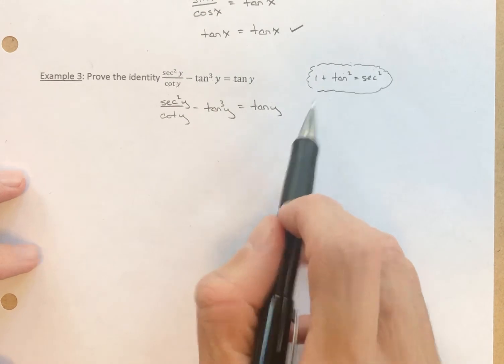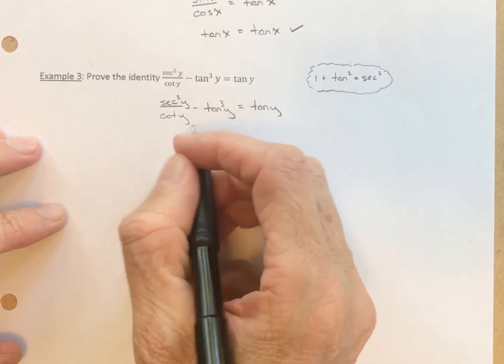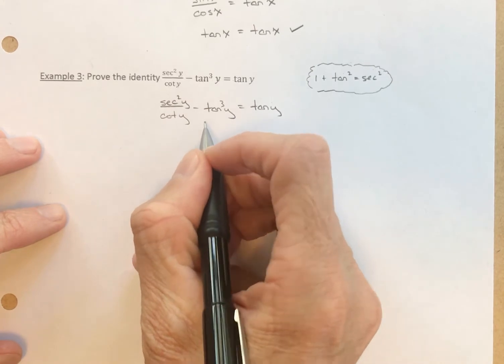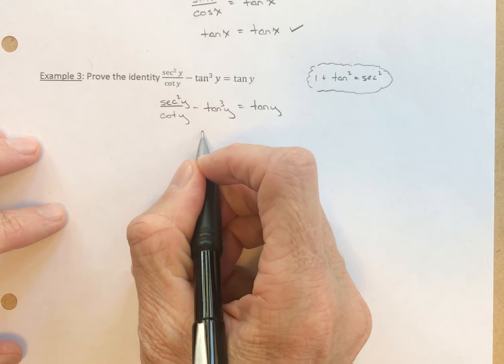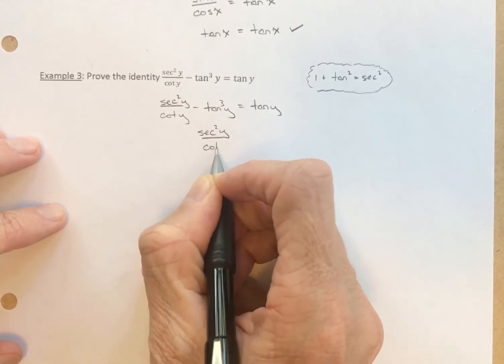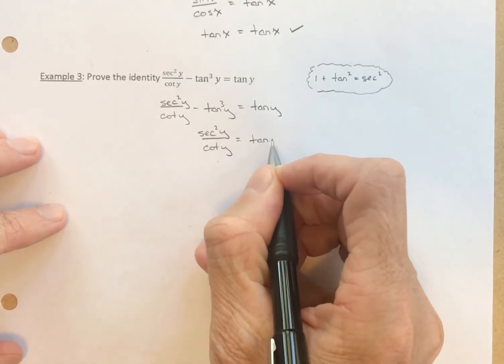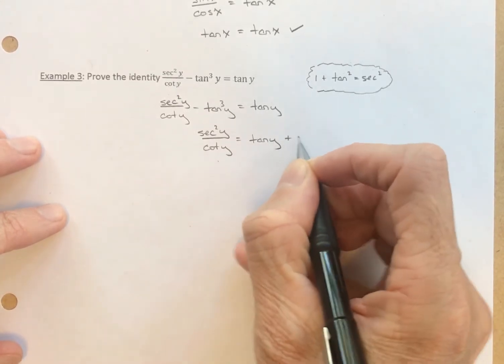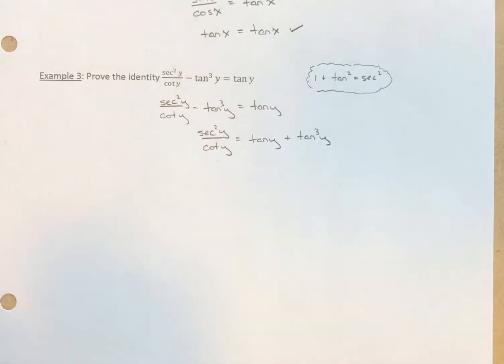I'm going to move this to the right, and you'll see why in just a moment. Again, there are other ways to do this. So I'm going to add the tangent of y cubed to both sides. So I have the secant of y squared over the cotangent of y equals the tangent of y plus the tangent of y cubed.